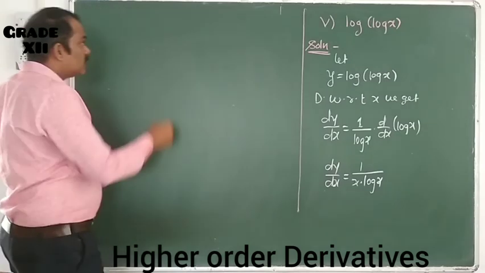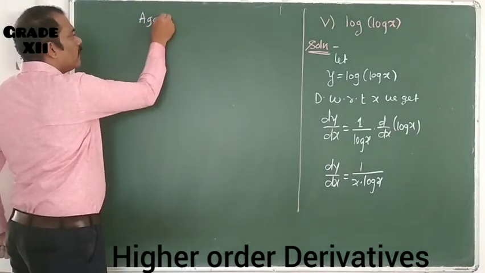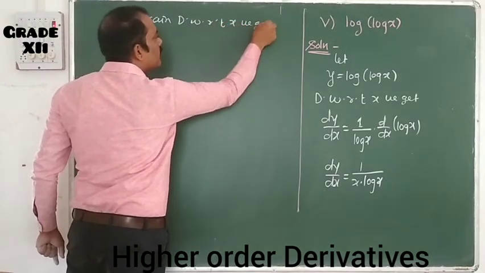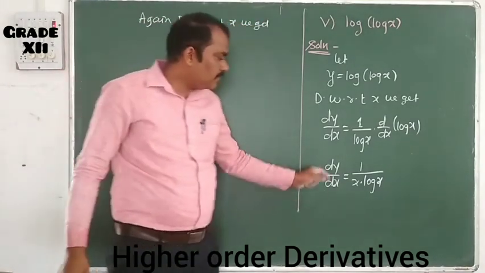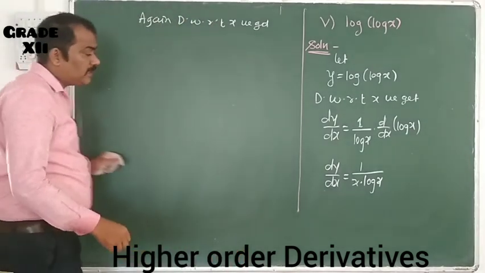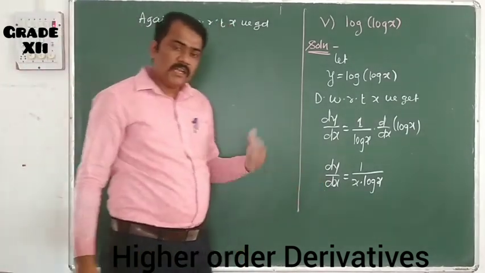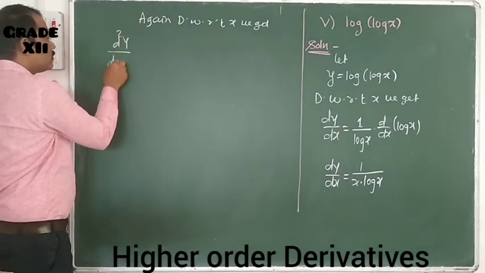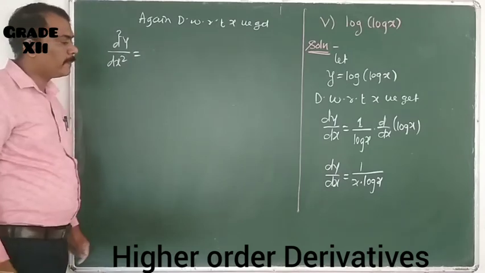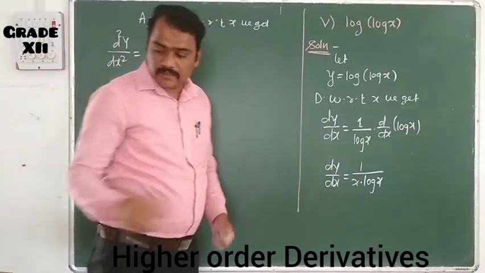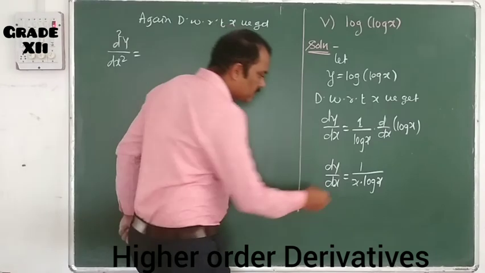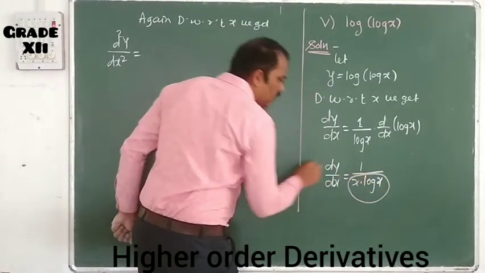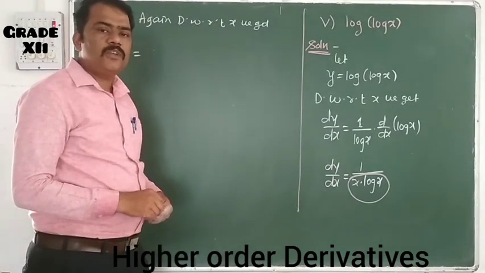Again we have to differentiate this with respect to x. What is the differentiation of this dy/dx with respect to x? That is d2y/dx square. Suppose we treat this x into log x as a single variable, so what is the derivative?